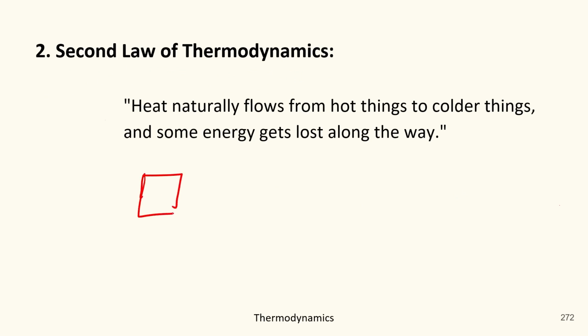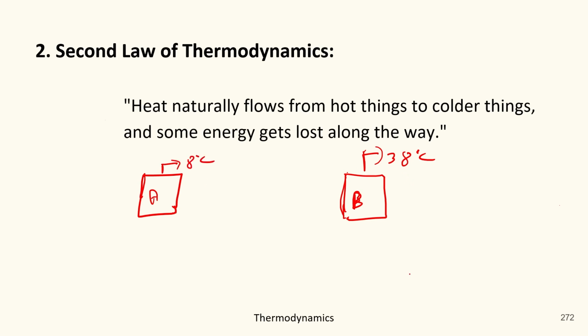Suppose there are two bodies, one body and this is the second body. This body is A, this body is B. Suppose in this body the temperature is 38 degrees Celsius, and in this body the temperature is only 8 degrees Celsius.